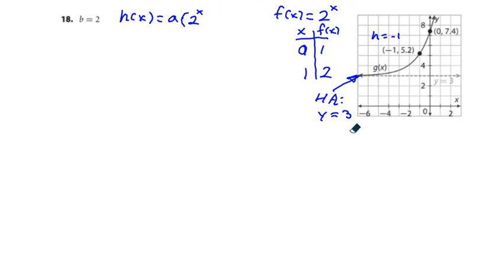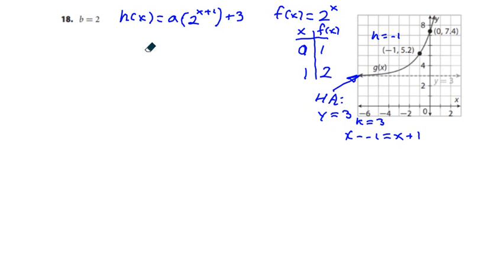And so when we have x minus h, which is x minus -1, that's going to end up being x plus 1. So here we have x plus 1 up here. And then our k value, k is 3. Our k equals 3. So we're going to have plus 3 on the outside.